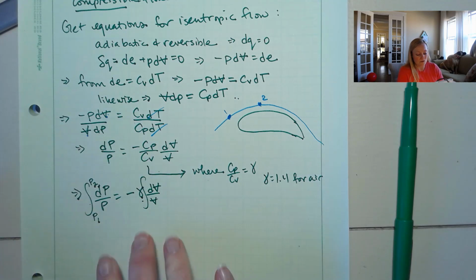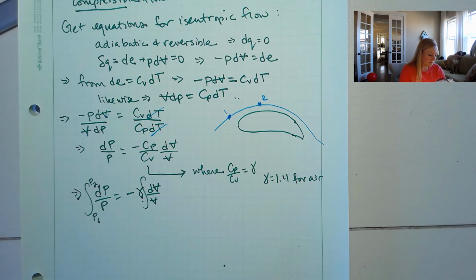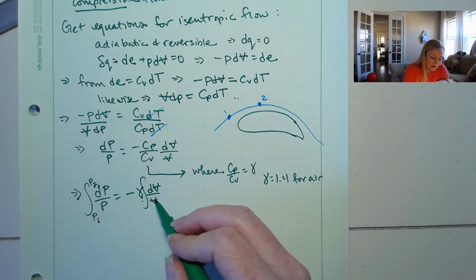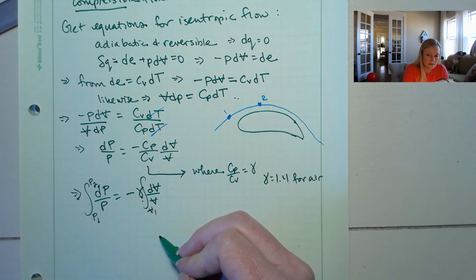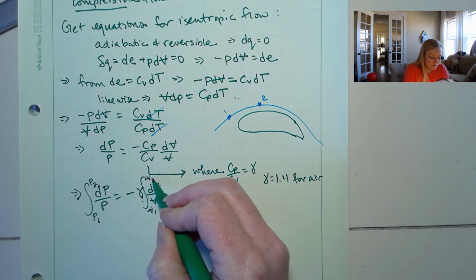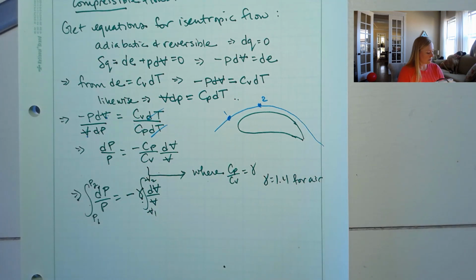These equations allow you to relate one point to another point. That's the left side, and over here I need volume at point 1 and volume at point 2. Then you just have to do the integration, which is pretty straightforward.